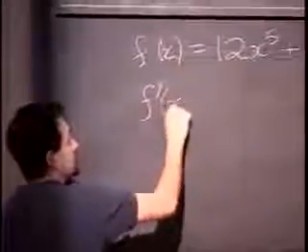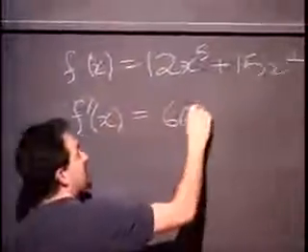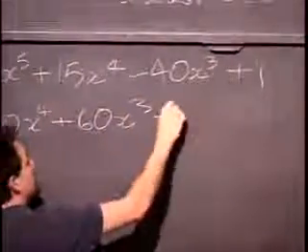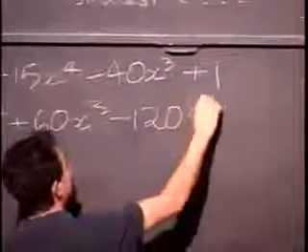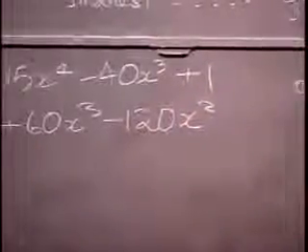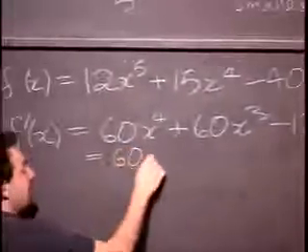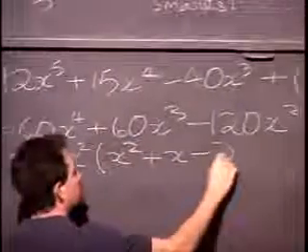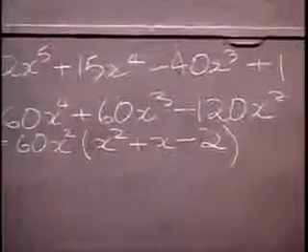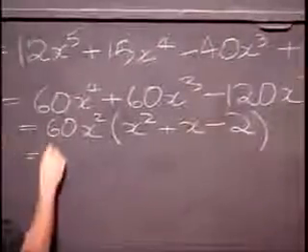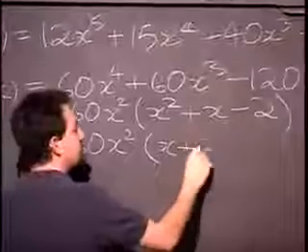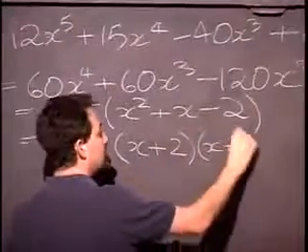Well, following this prescription, we differentiate. We get 60x to the 4th plus 60x cubed minus 120x squared. And we can factor this as 60x squared times x squared plus x minus 2. And we can actually factor this further into x plus 2, x minus 1.